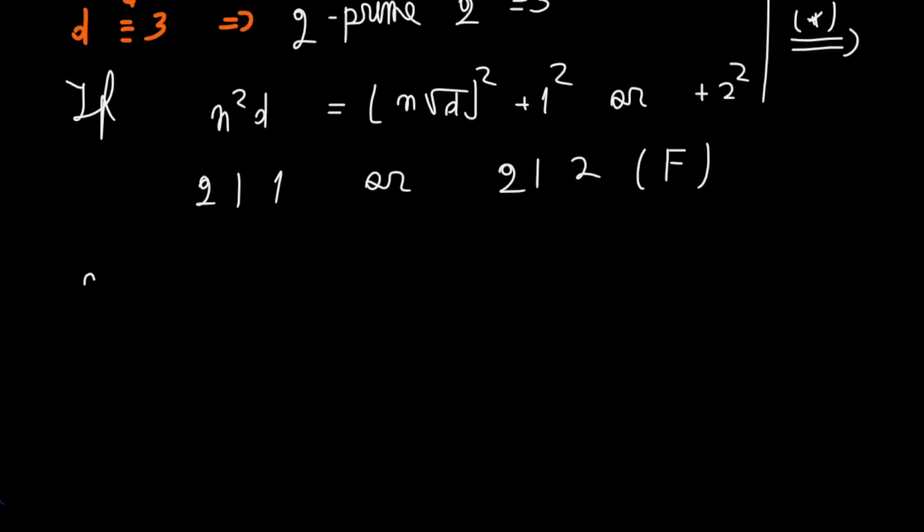So right now, for n squared d minus the floor function of n square root of d, we can cancel the cases 1 and 2.